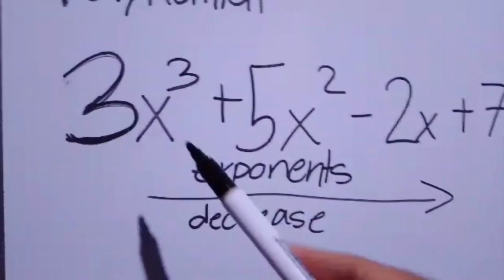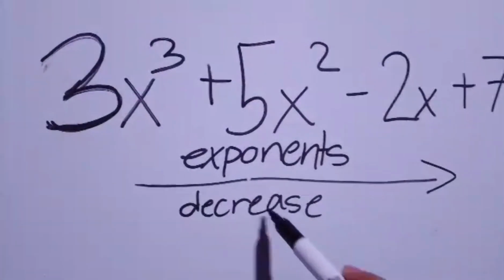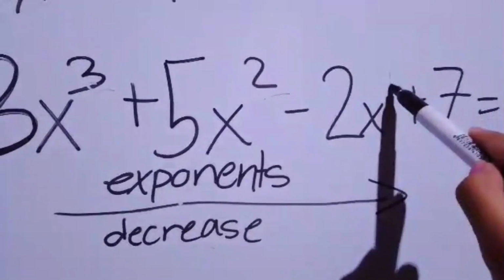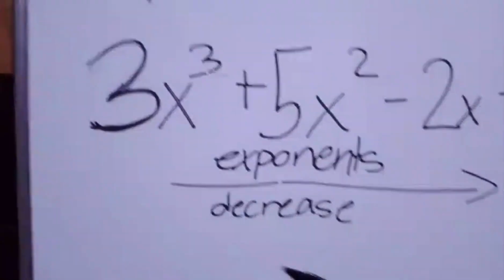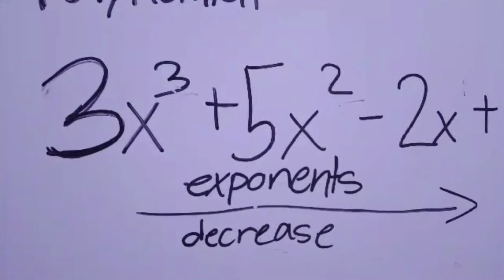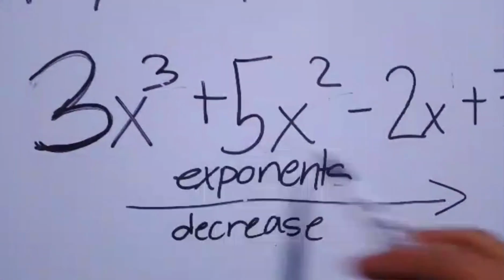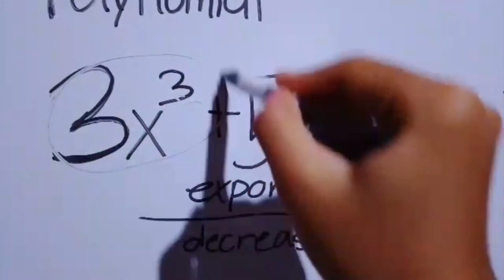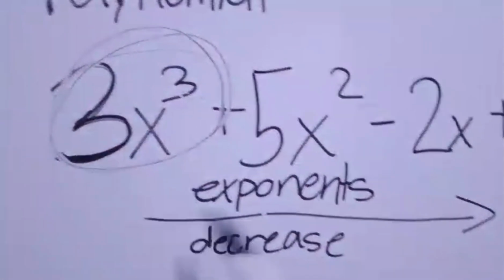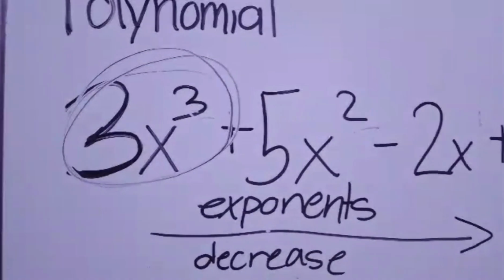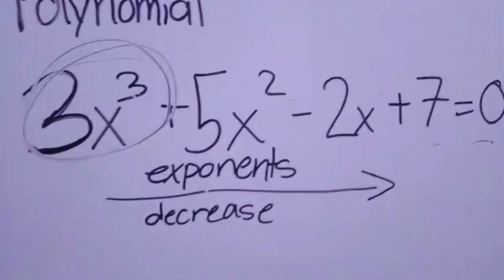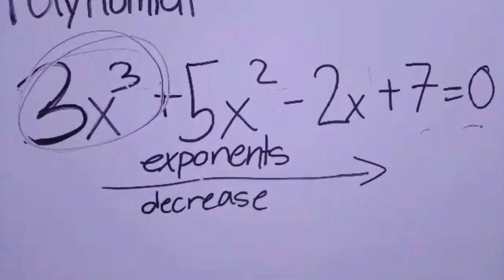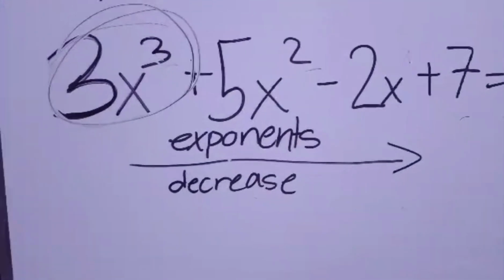You can see, guys, that the exponent decreases from 3, 2, and the invisible one to 0, which means that the highest power present in this polynomial is 3x cubed, which is the degree of the polynomial.